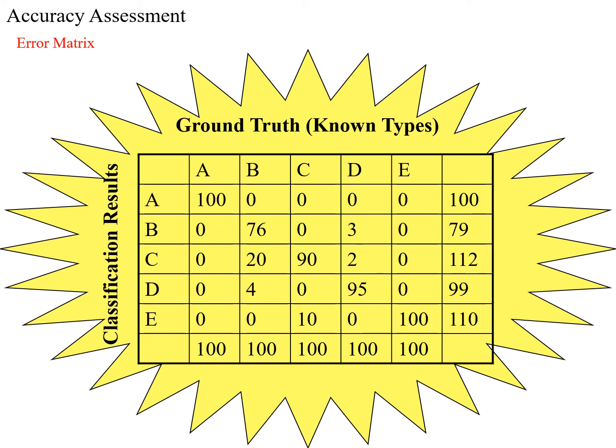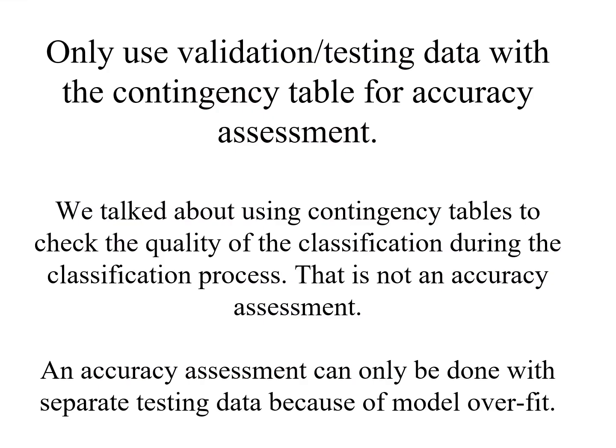They were actually B, but the remote sensing said it was D. Summarizing that information is what we're going to be doing with the contingency matrix.